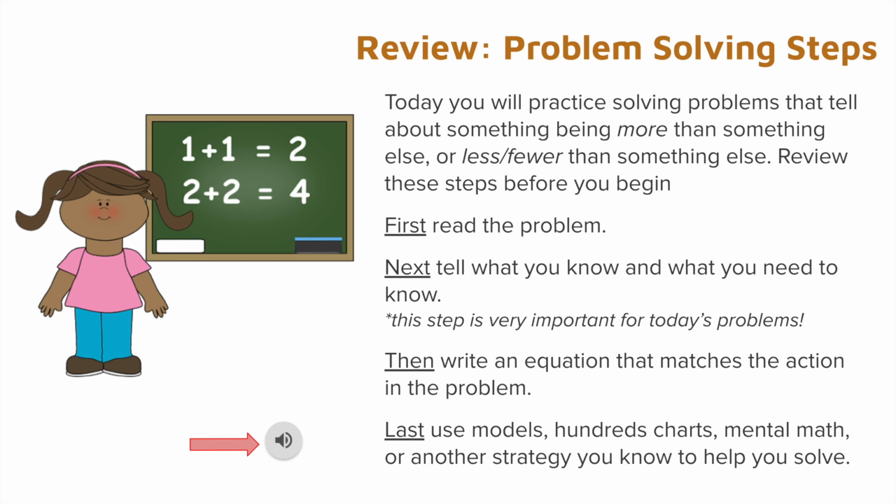Next, tell what you know and what you need to know. This step is very important for today's problem. Then, write an equation that matches the action in the problem. And last, make a plan. Use models, hundreds charts, mental math, or another strategy or tool that can help you solve the problem.